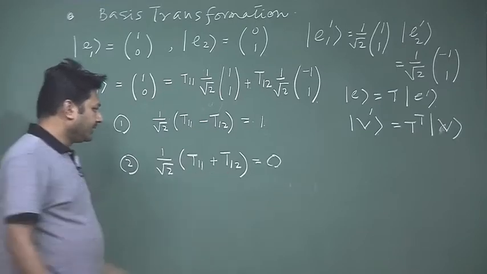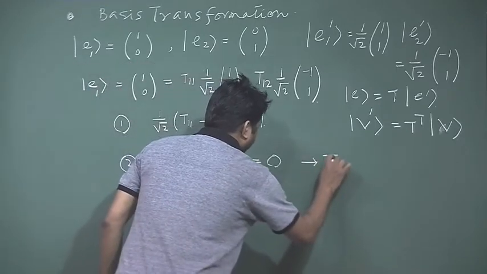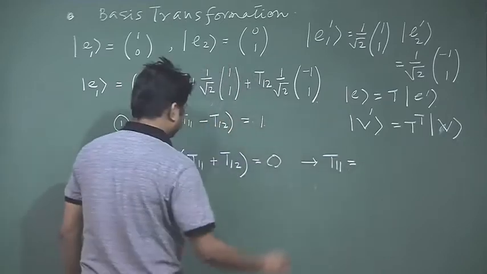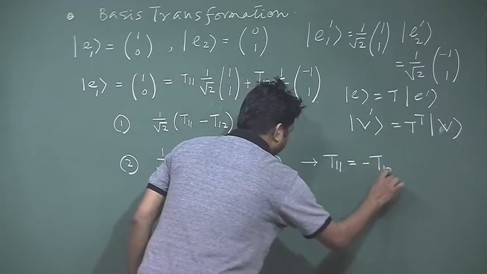From this equation I can readily have the information that T11 is equal to minus of T12.